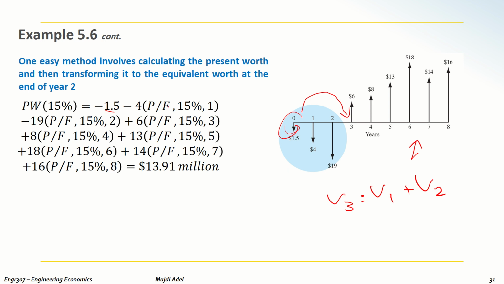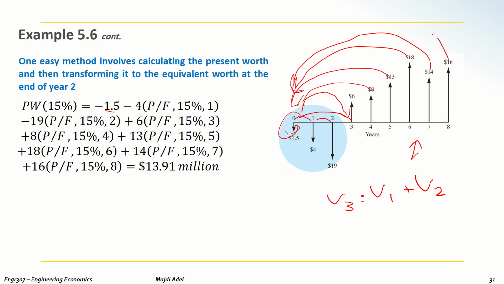Minus 1.5, minus 4, calculate P given F for one interest period. 19 million, calculate P given F at 15% for two interest periods. 6 million, we are going to discount it for 3 interest periods, the 8 million for 3 periods, 13 million for 5 periods, 18 million for 6 periods, 14 million for 7 periods, and 16 million for 8 periods.